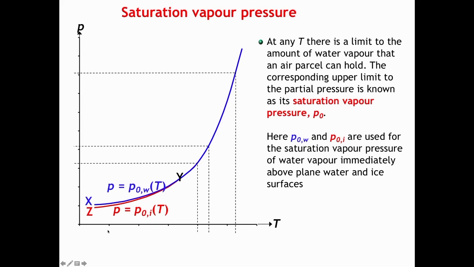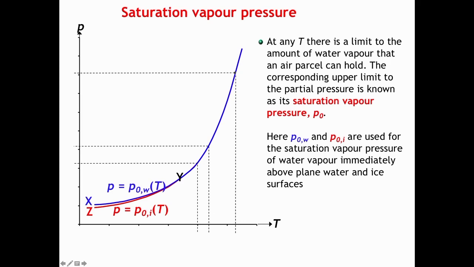The temperature just goes up along here, and you can see that as you increase the temperature, the amount of water that you can hold at 100% relative humidity increases as a function of temperature.